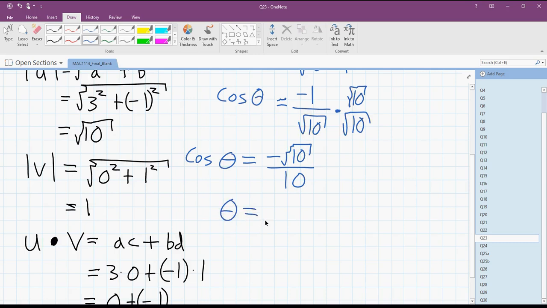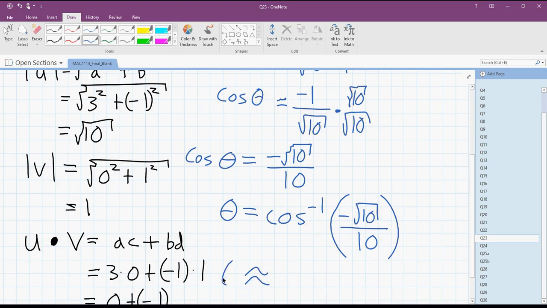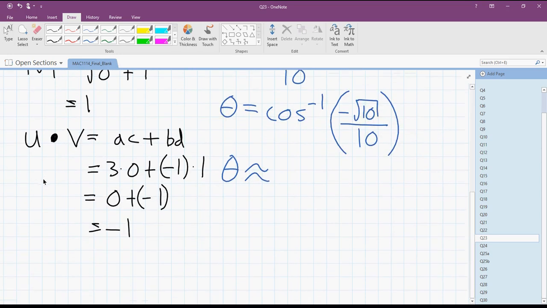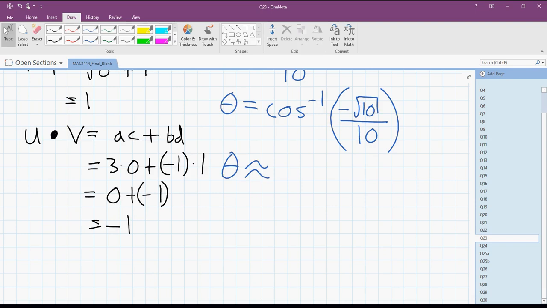So you go straight into your calculator and take cosine inverse of negative square root of 10 over 10, and you're going to round this angle to the nearest tenth. 108.4 degrees. There's our angle. Any questions? Again, it's running your formula and just picking those pieces and plugging them in. Plug and chug.